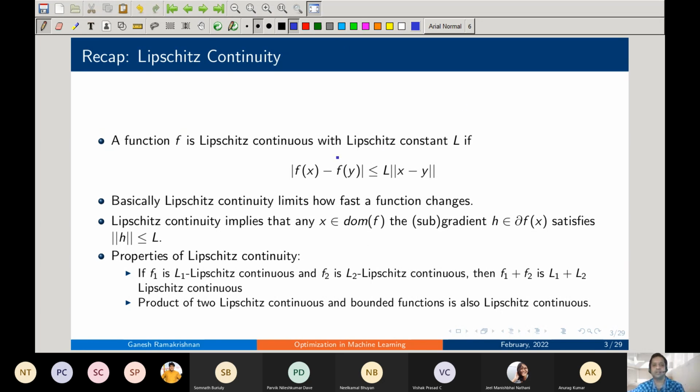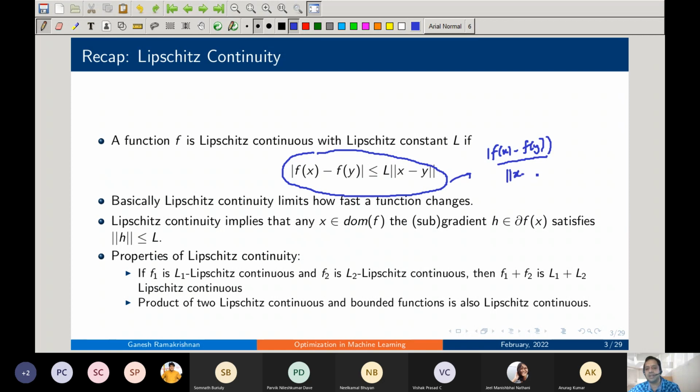So recall that this entire expression can be intuitively restated as saying that the rate of change of the function, that means I'm now dividing by the norm of the distance between x and y, will be upper bounded by L. And we saw that if F1 and F2 are Lipschitz continuous, then the sum is Lipschitz continuous, and the product is Lipschitz continuous. In fact, we can also show that composition is Lipschitz continuous. And that's something we might require today in case you have done your homework.